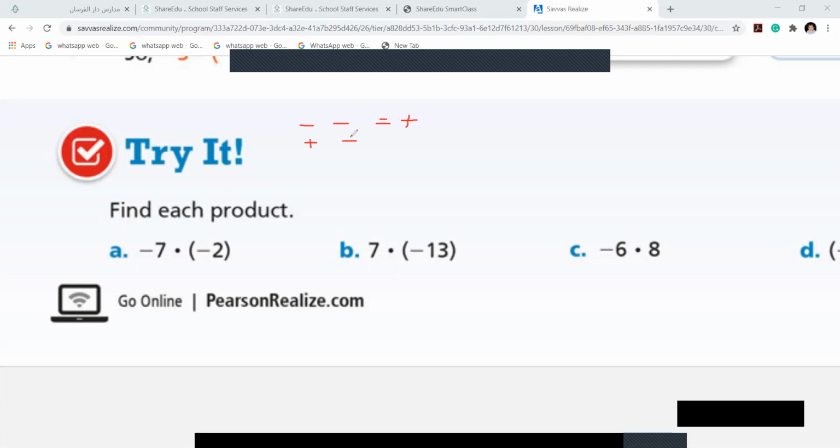Plus and plus, my answer will be plus. If minus and plus, opposite signs, my answer will come as minus. If positive and negative, opposite signs, my answer will always come in minus. This is in multiplication. Multiplication means there is a dot. If you want, you can write it there somewhere so that you remember.